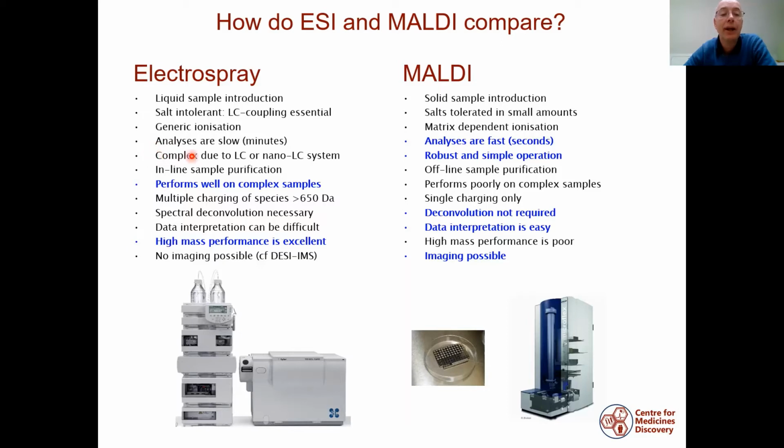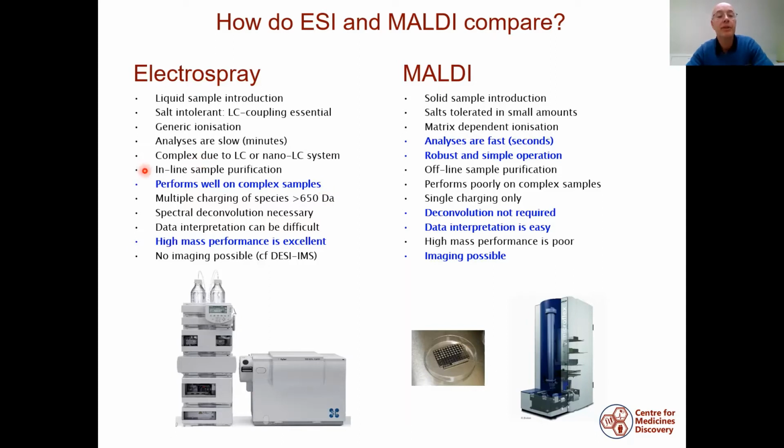Electrospray LCMS systems tend to be more complex than MALDI, and it's not because the mass spectrometer is more complicated. It's basically that you have a liquid chromatography system coupled to it, so it's generally a more complex experimental system. In MALDI, there is very little to go wrong in the mass spectrometer, so it's a very robust experimental system, and the operation is quite simple, which can be an advantage.